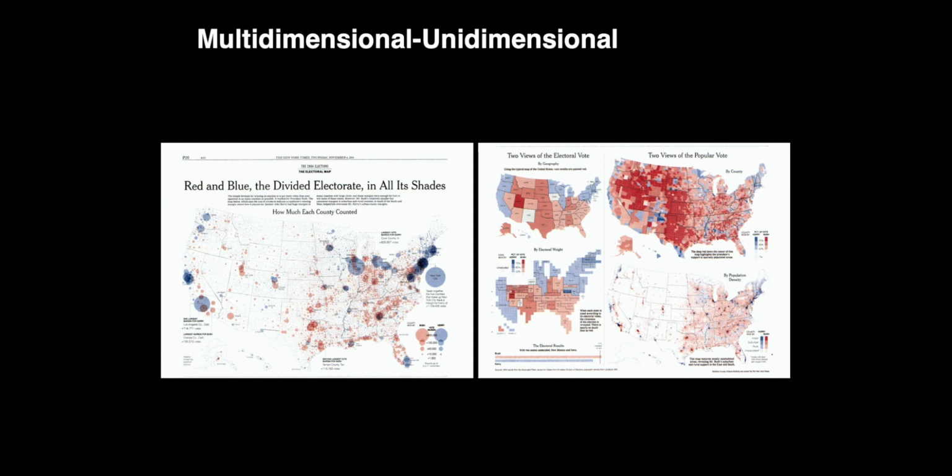We're looking at basically the same data, but on many different layers and many different views. So we're looking at state level, we're looking at county level, we're looking at choropleth maps, but we're also looking at centroid maps. So this is a very multi-dimensional visualization and a multi-dimensional story around the electoral data.